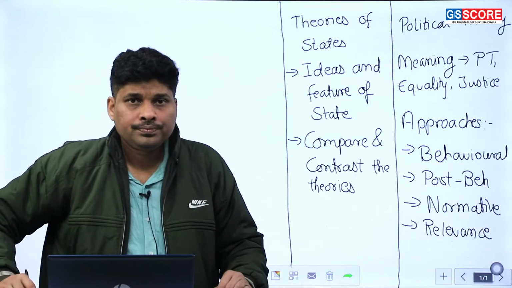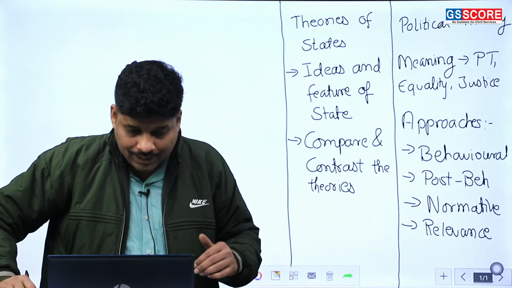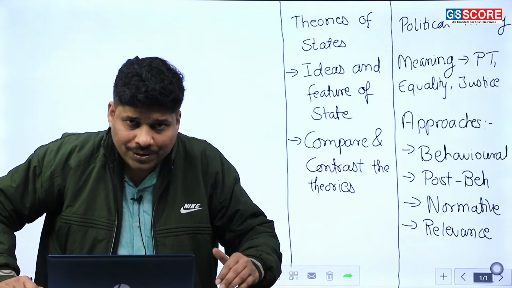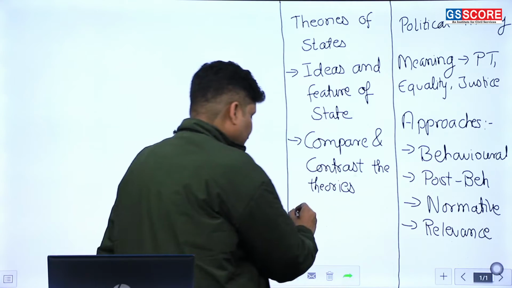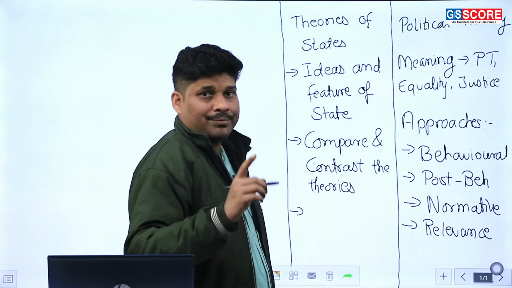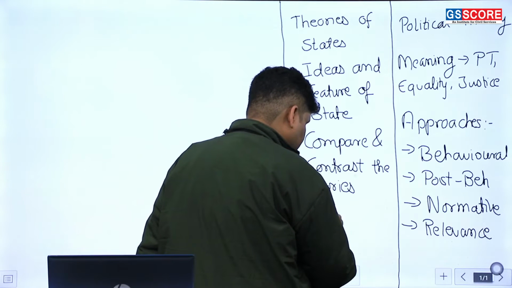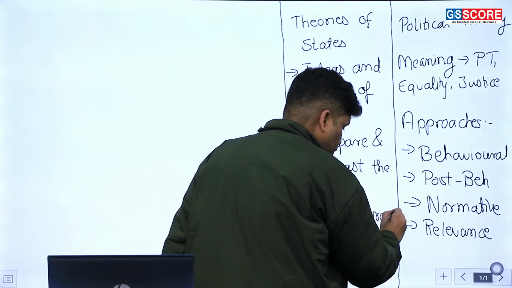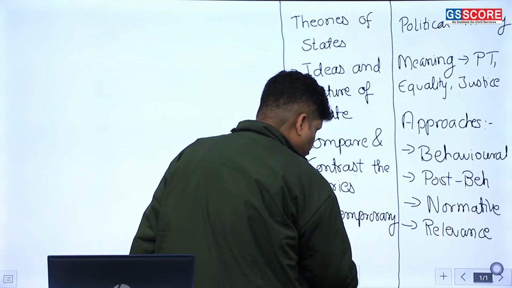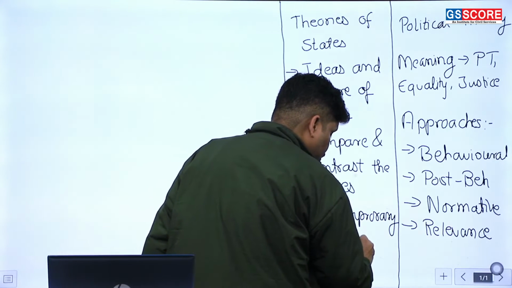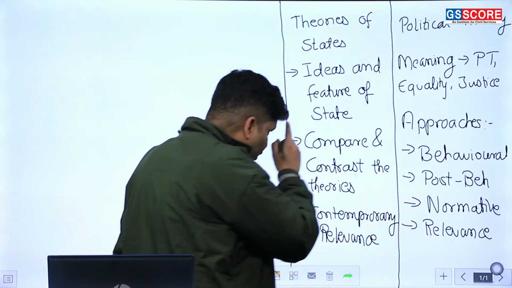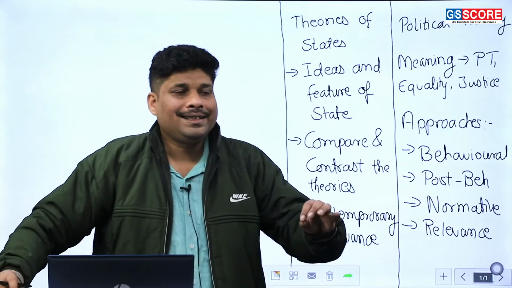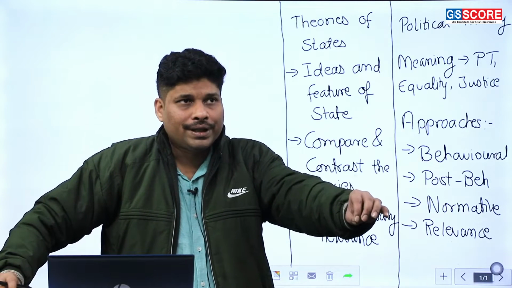Done. The next part that UPSC expects you to know is from the point of view of contemporary relevance. UPSC will expect you to know whether points provided in a particular theory are of relevance today.